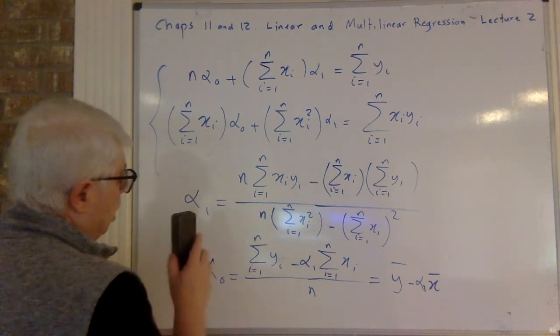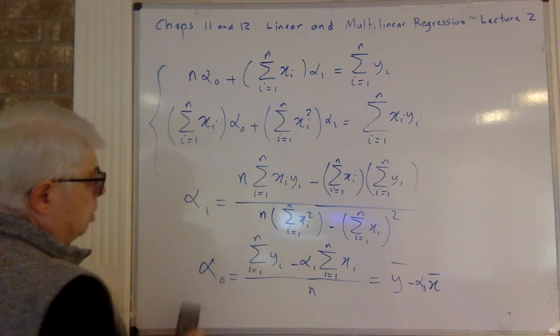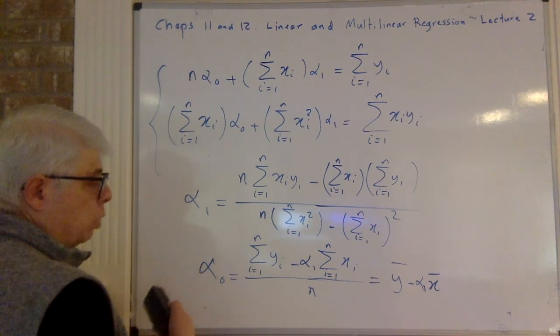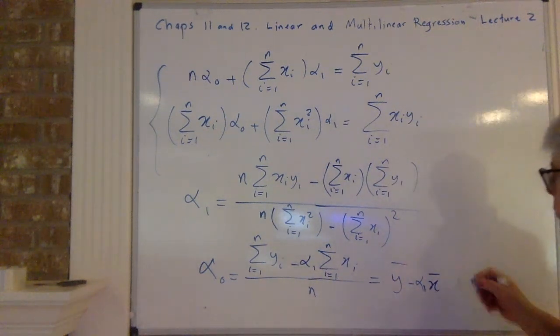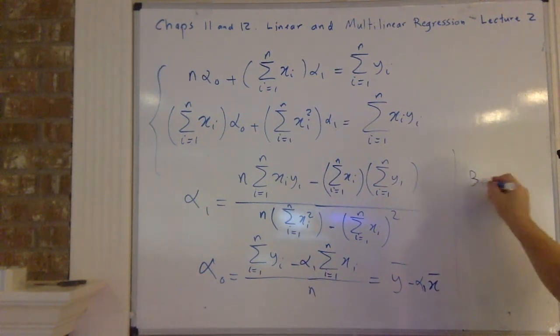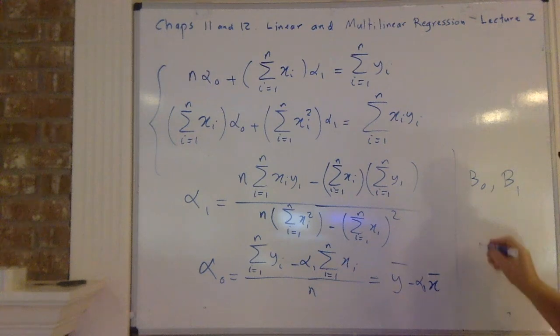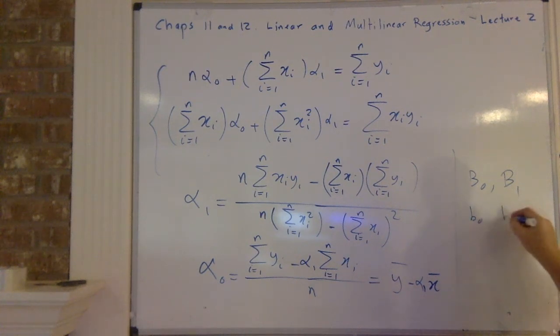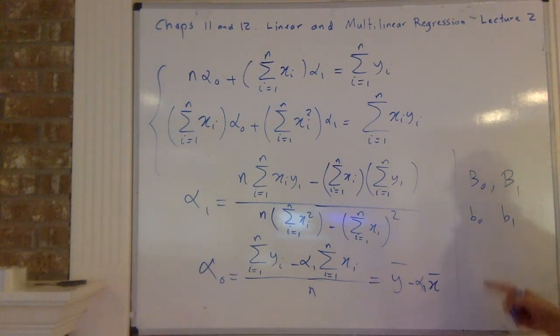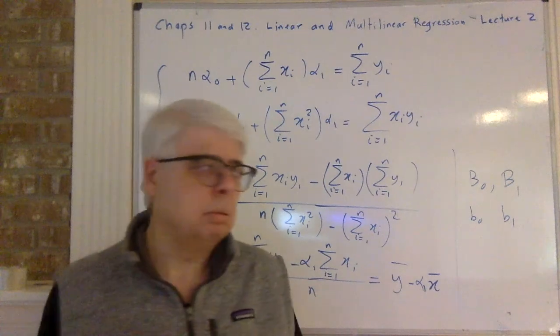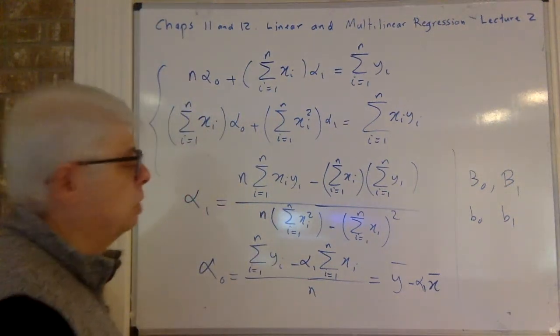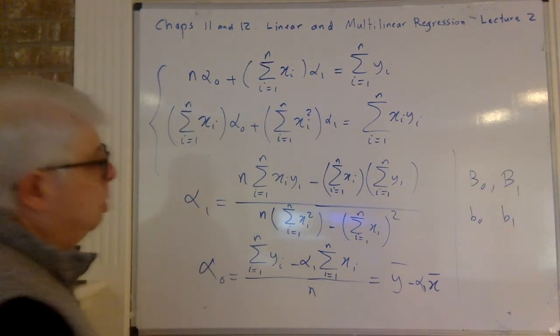I will show you. And then the realization of those random variables will be b0 and b1. So they will become random variables B0 and B1, with realizations b0 and b1. Or some books use hat on top of these things.